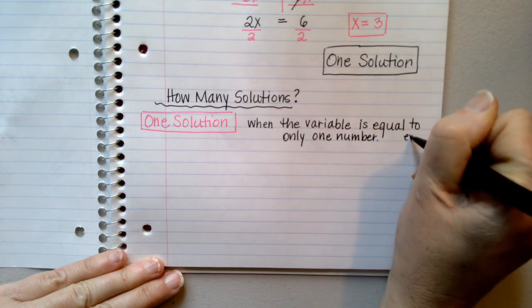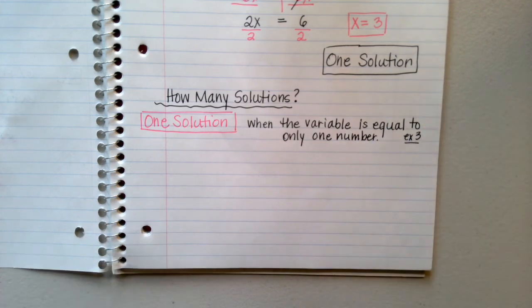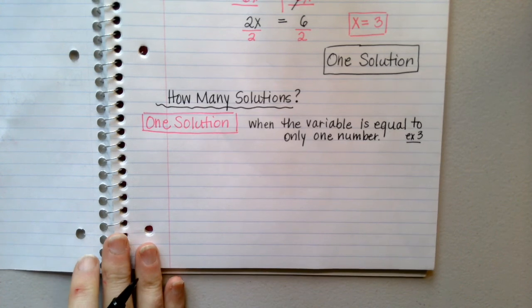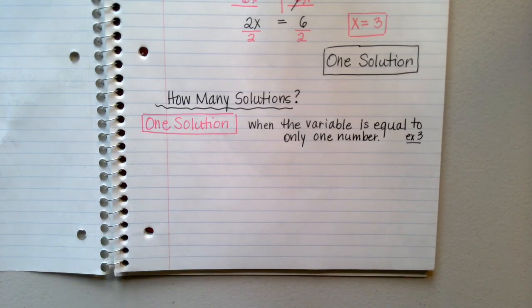Okay, so example 3 was a one solution problem. There was only one answer. When I solved it through, it told me x was equal to some number, one number.